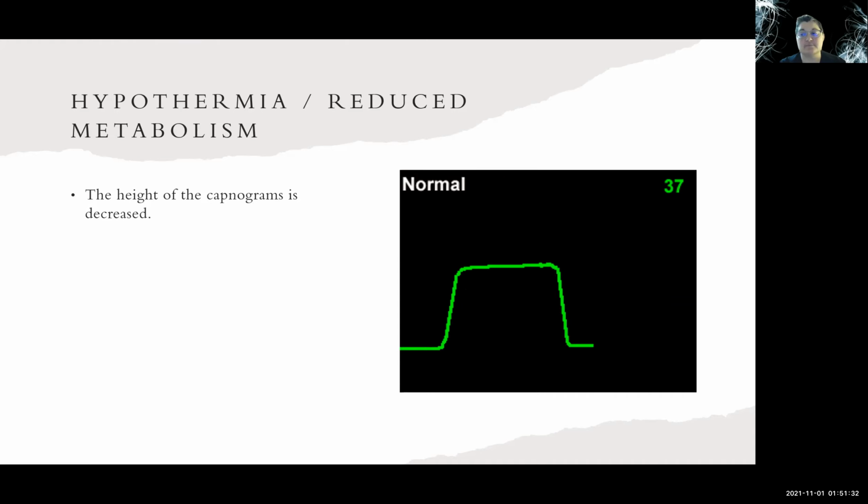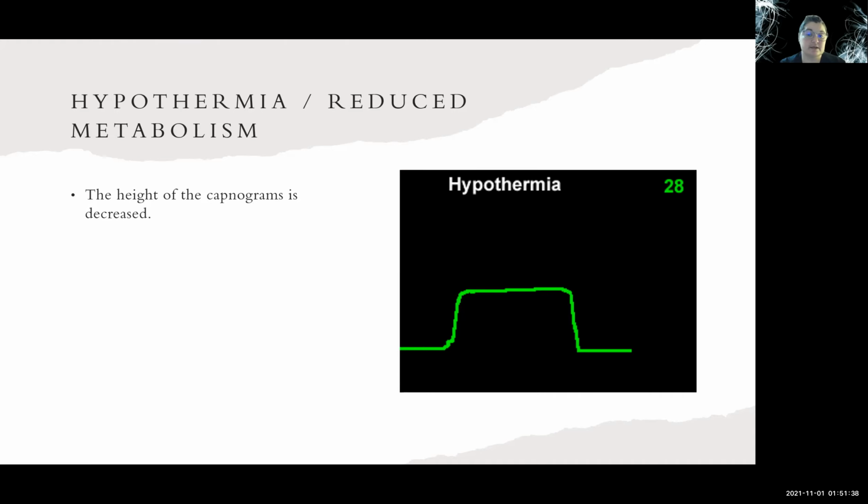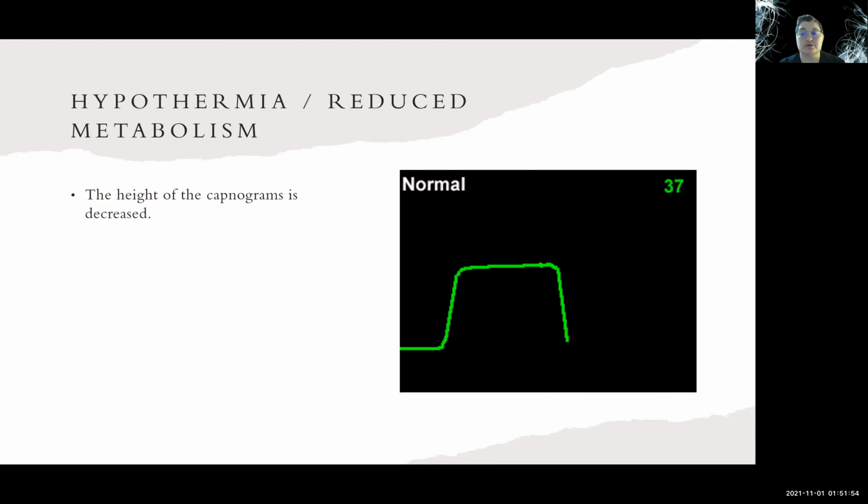So sometimes you may have something that looks similar to something else. This is where critical thinking and troubleshooting comes into play. For instance, if you remember just earlier, we have decreased height in our hyperventilation, and now we're seeing decreased height in our hypothermia.